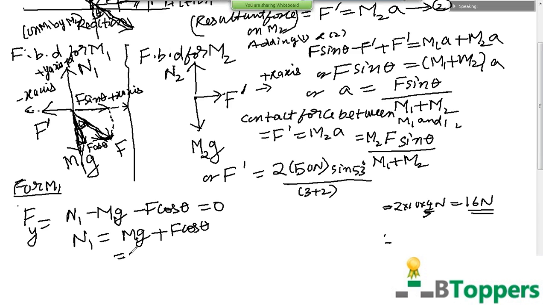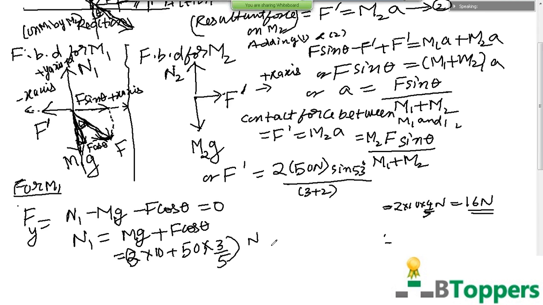M1 is given to be 3 kg. g is 10 meter per second square. F is given to be 50 newtons. Theta is 53 degrees. Cos 53 degrees is 3 by 5. We can simplify this.